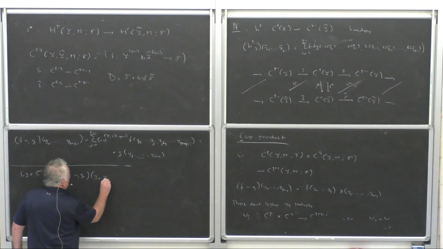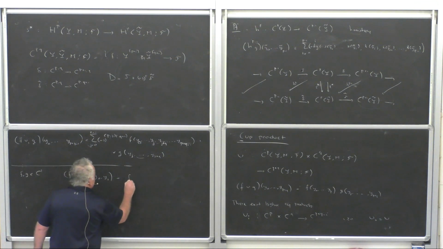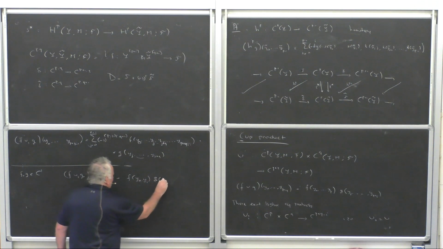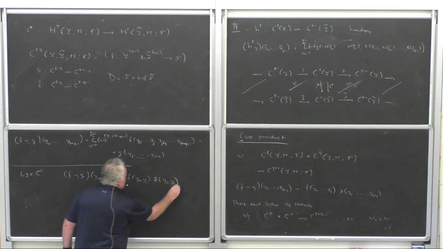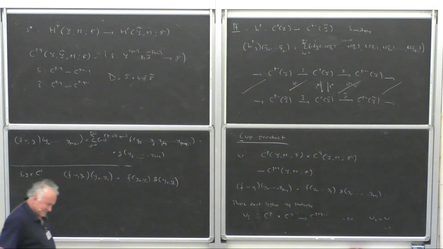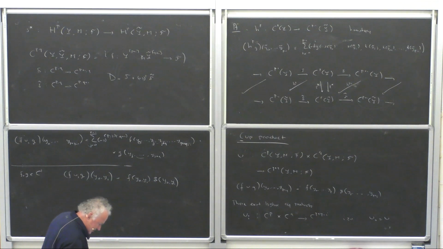So I should tell you how it acts on y0, y1, and there's just one term in this sum. Well, there's basically one thing you can write down which has two elements equal, so that's indeed what you have.